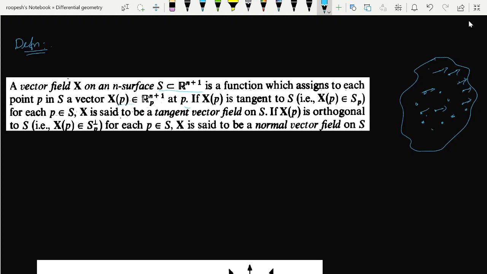Now there are two particular cases we are dealing with. Suppose this vector field is lying in the tangent plane. We know that S_P will denote the tangent plane and S_P perp will denote the normal plane.